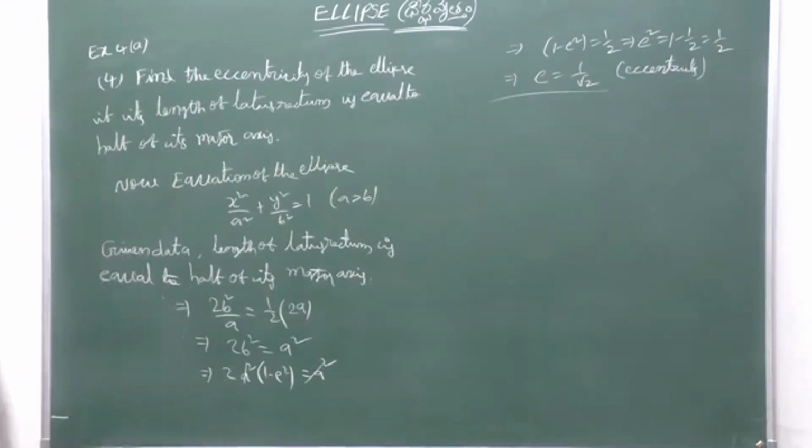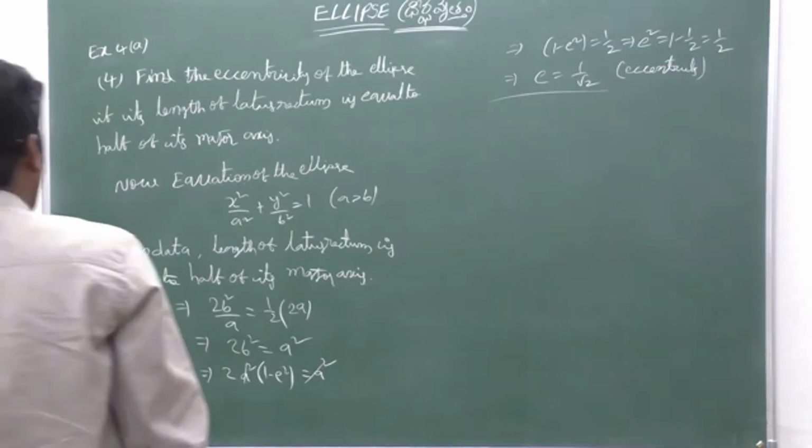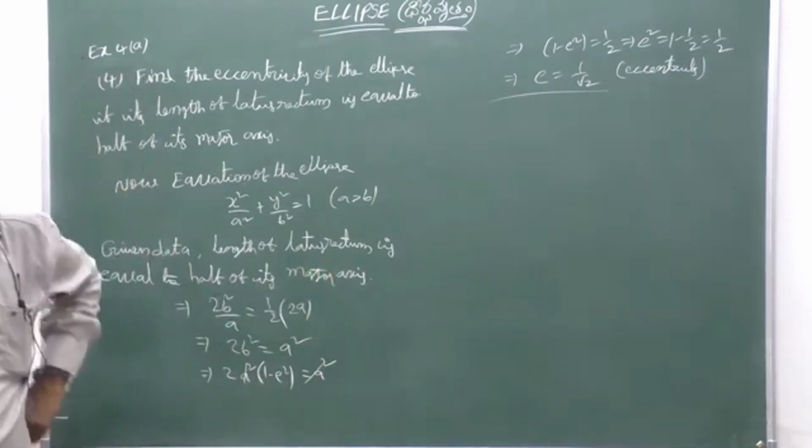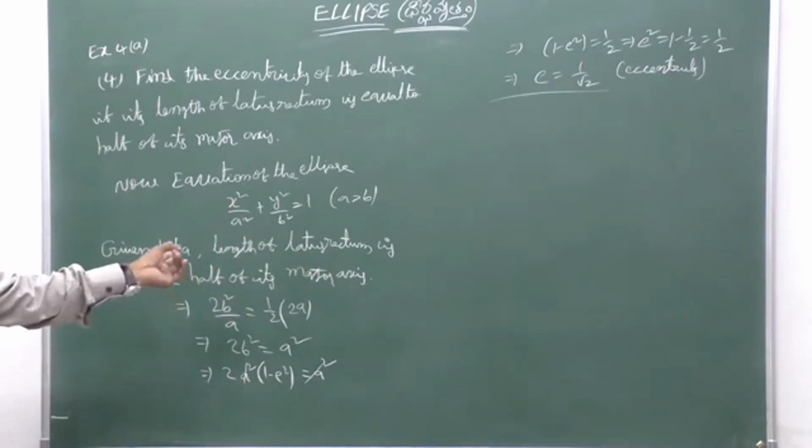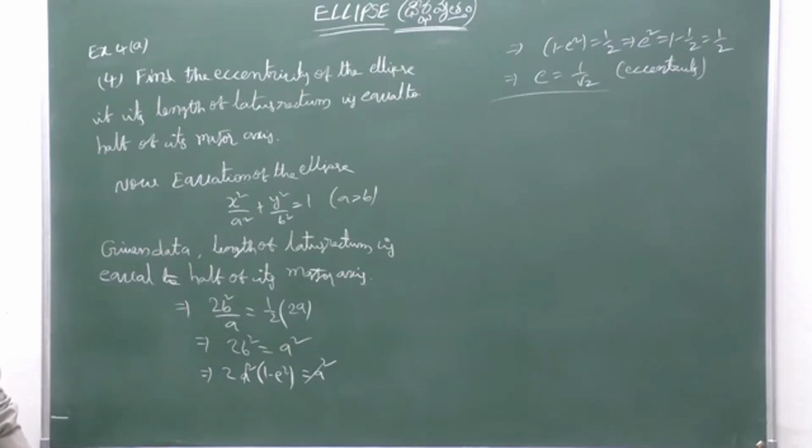Because the given data is the length of latus rectum is equal to half of its major axis. The length of latus rectum is 2b square by a.